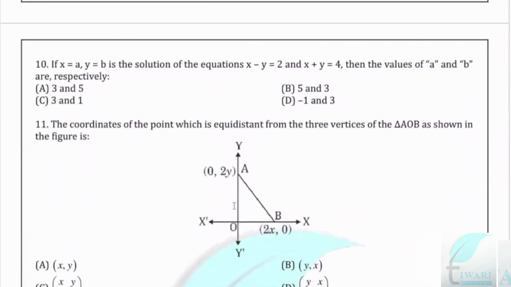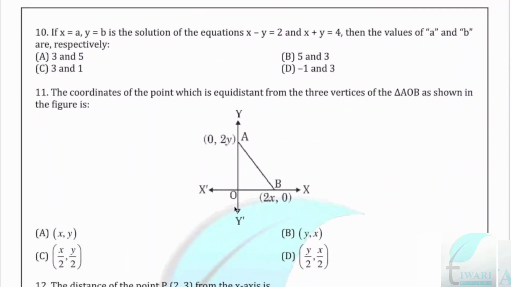Now coming on to question number 10. If x equals a and y equals b is the solution of the equations x minus y equals 2 and x plus y equals 4, then the values of a and b are respectively what? Here it is mentioned that x minus y minus 2 equals 0, and x plus y minus 4 equals 0, which is this equation.